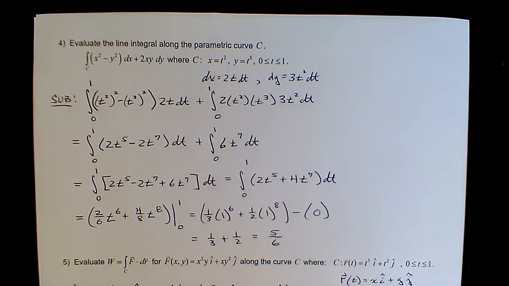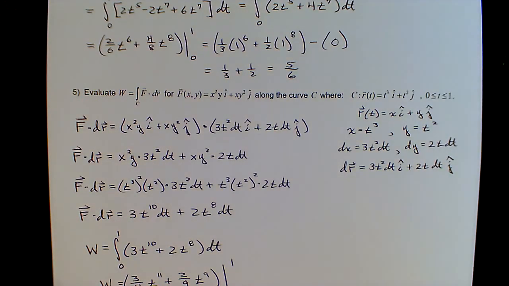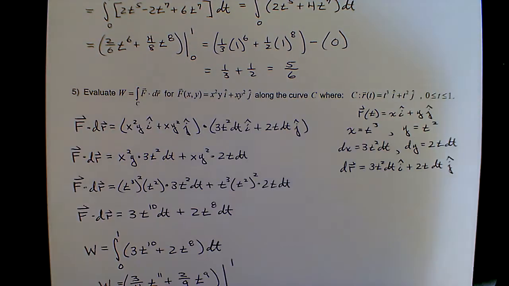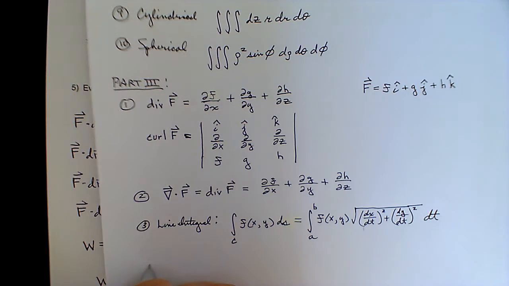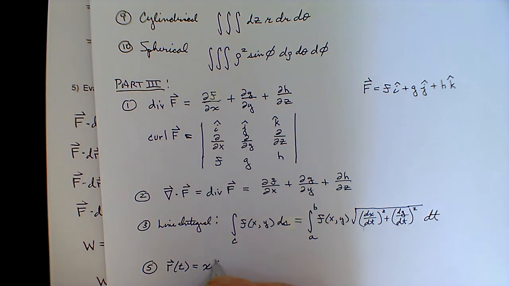Okay, so then when you have to calculate a line integral, when you have this vector r as your region, or curve, I should say, just remember that r, this is number 5, r of t is always x of t times i plus y of t times j.